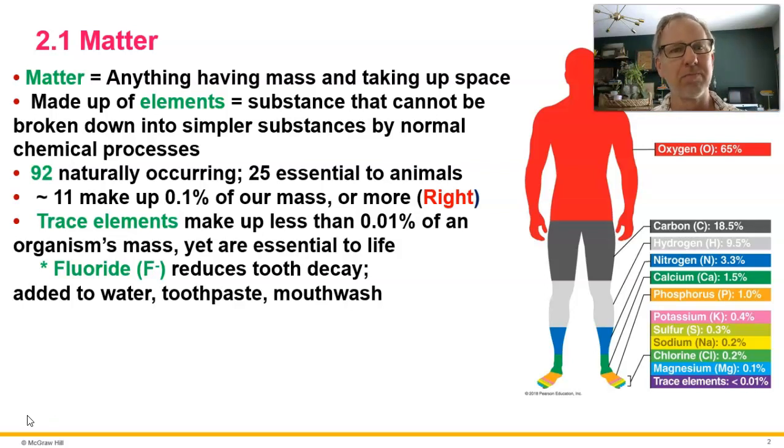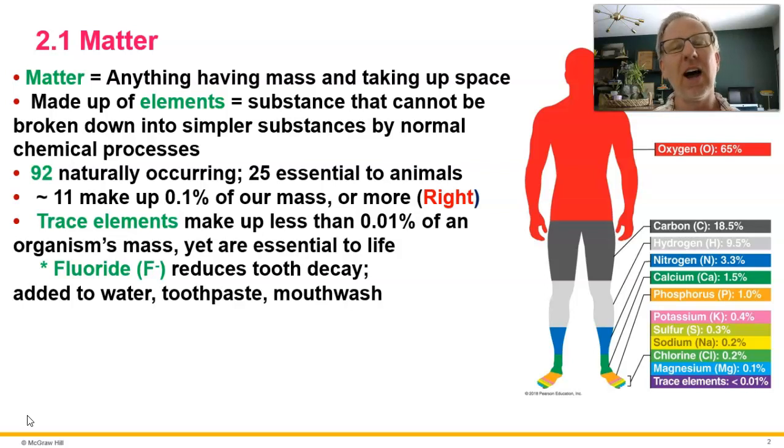They make us up. So as a matter of fact, there are 92 naturally occurring elements that scientists, physicists have observed, documented, and verified. And of those 92, and by the way, there's a figure here over on the right, and it lists some of those 92.